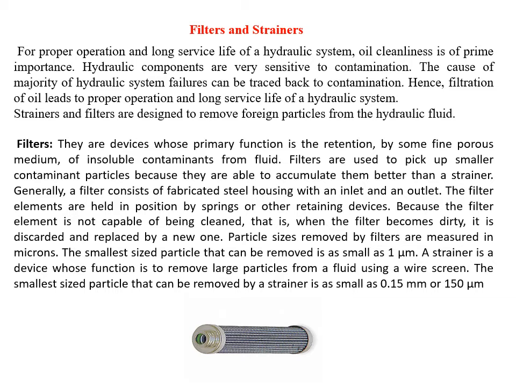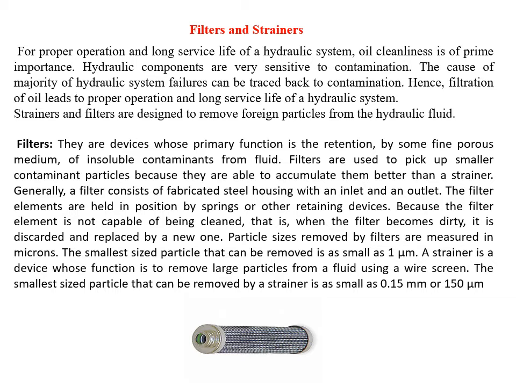The particle size removed by filters is measured in microns. The smallest particle that can be removed is as small as 1 micrometer in the case of a filter, whereas in the case of a strainer the size range is around 150 micrometers.